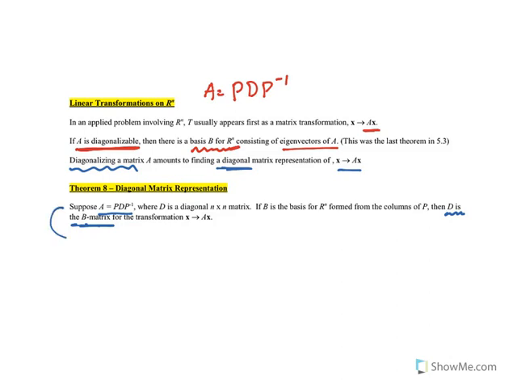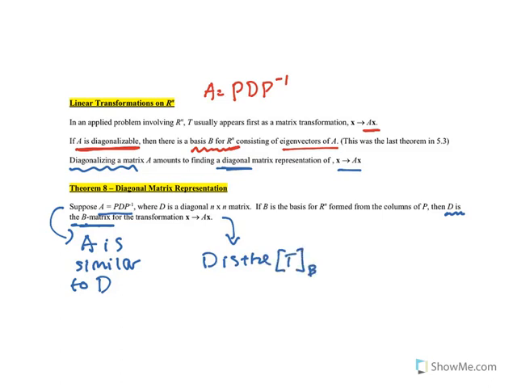So this, number one, a couple of notes. If you see this, remember that just means A is similar to the matrix D, which is a diagonal matrix in this case. Okay? And then what I just said was D is the matrix that is the transformation in terms of basis B. Okay, so D is this matrix with no change of basis.